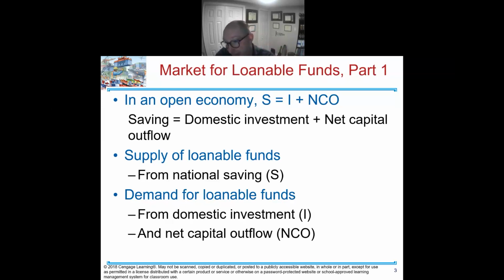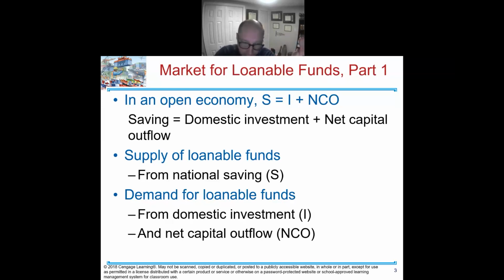Because the actual cash is sitting somewhere else. But the savings represents loanable funds. The bank uses your cash and lends it to others in the form of a loan. That's why we call savings being represented as the supply of loanable funds.